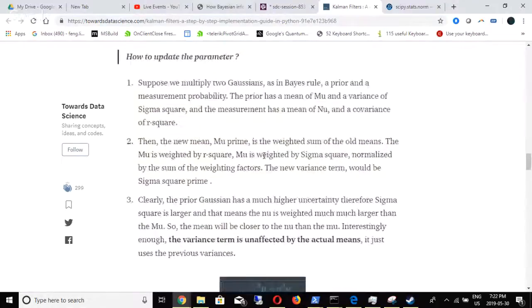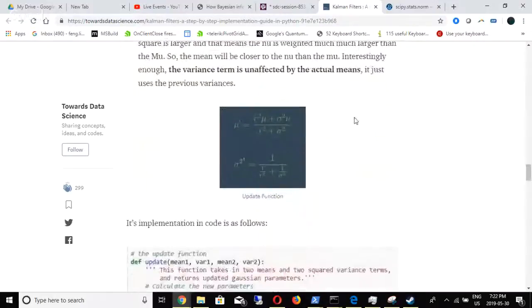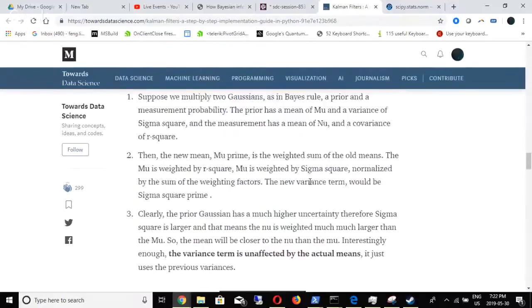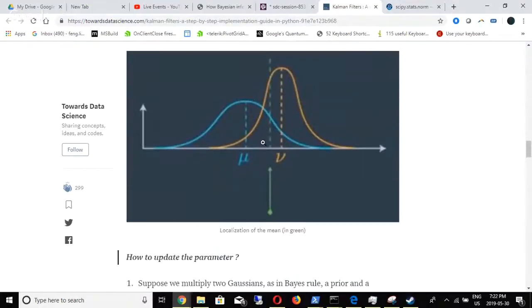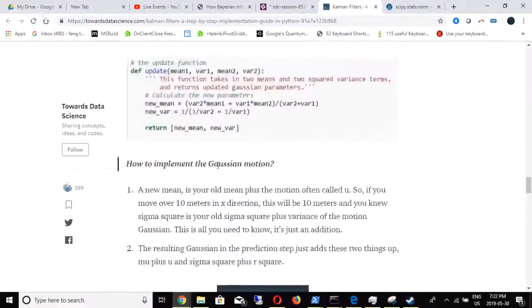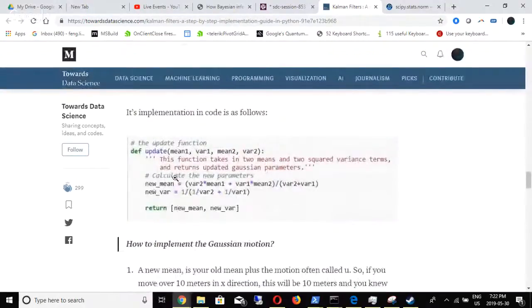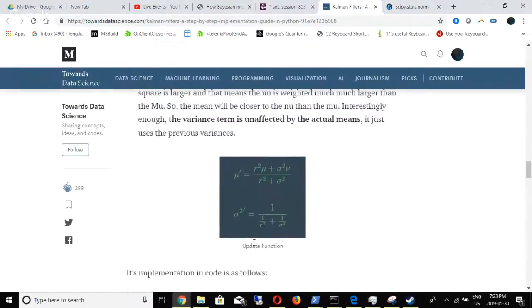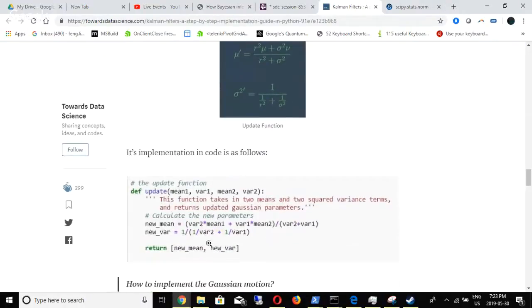It's kind of hard to think about like that, but that's essentially how the Kalman filter is applied: applied statistics or applied machine learning in a motion slash measurement situation. Just think of it like that, right? So that's what happens when you do an update, and the variance is updated like so.